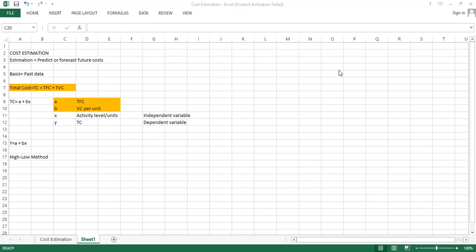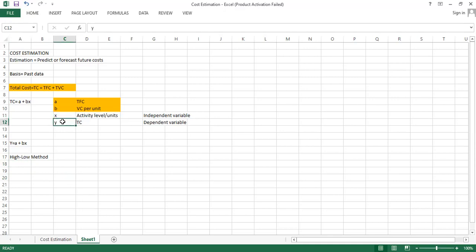Now, how does the high-low approach work? What the high-low approach or method does, remember, is to pick the highest and lowest values. That's why you have the name high-low. It picks the highest and lowest values of X and Y.